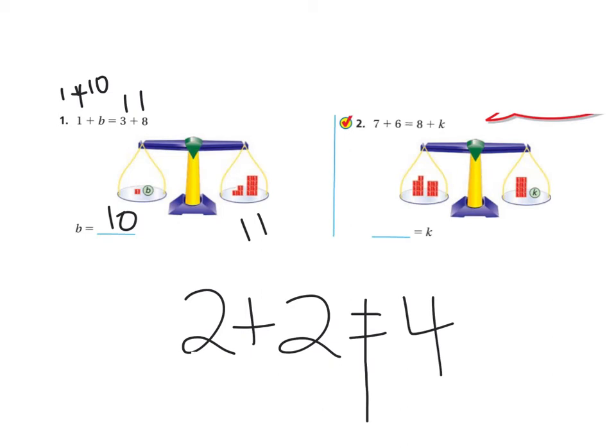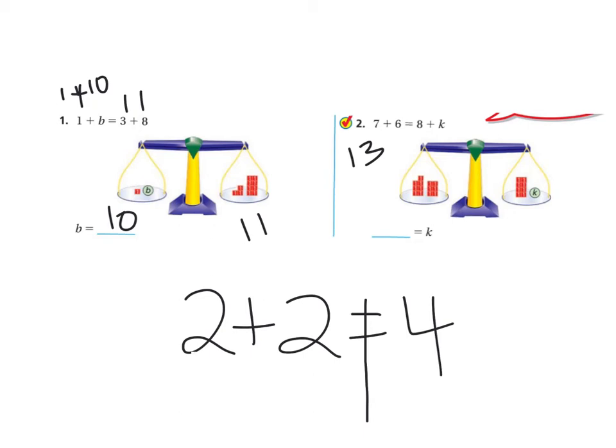Same thing for number 2. Number 2 says 7 plus 6 equals 8 plus k. Again, I'm trying to find a variable, an unknown. I'm looking for k. On this problem, 7 plus 6 is going to give me 13. For 8 plus k, I'm thinking, what plus 8 gives me 13?